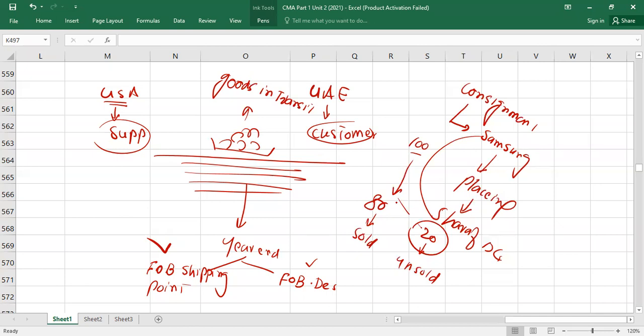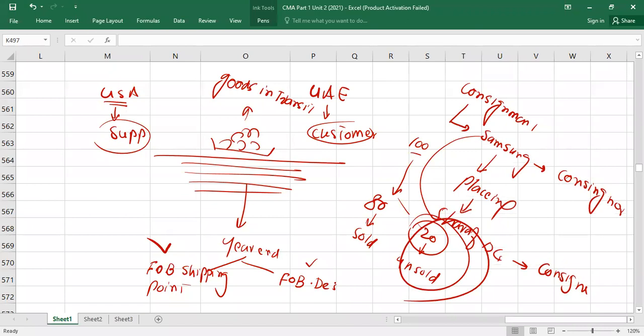In this transaction, Samsung will be considered the consignor, and Sharaf DG will be considered the consignee. The 20 unsold units are the inventory of the consignor, not the consignee.